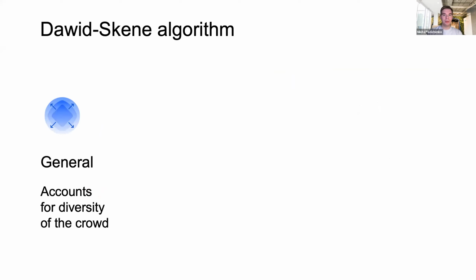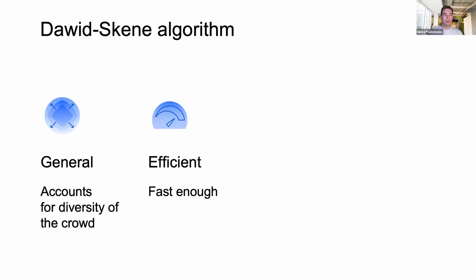And Dawid-Skene has some benefits. First, it's pretty general. This method works under a more realistic model of performers with different abilities, because the model of the majority vote is not really realistic. And the second, it's quite efficient. It's fast enough.